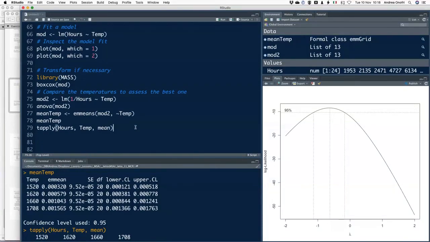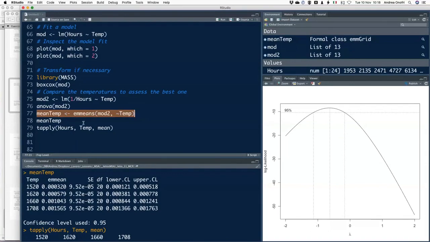So now we have 4 means. If we make all comparisons, it would be 4 by 3 divided by 2, that is 6 contrasts. But we don't need to make all comparisons. We just need to compare 1520 with all the other temperatures. That would be comparison with the best. So how do we make a comparison with the best?